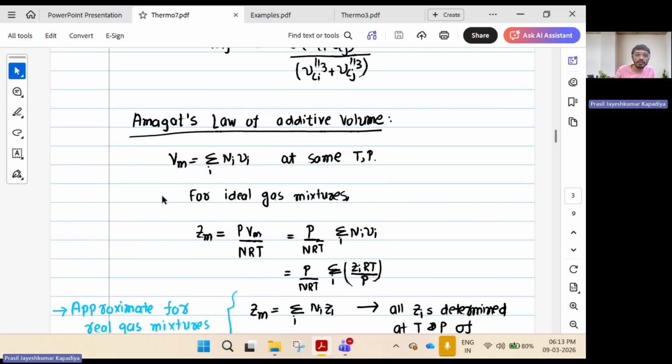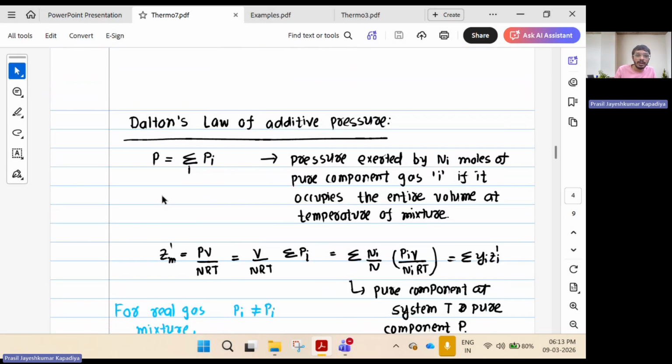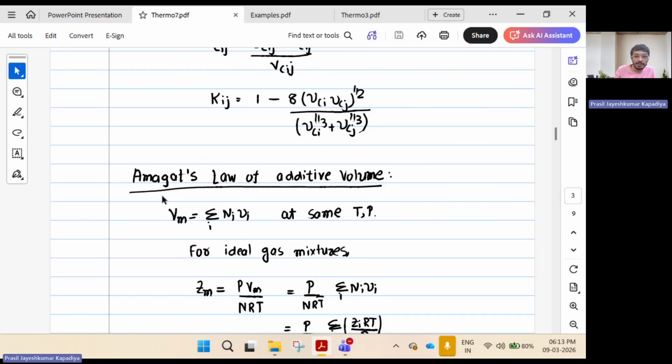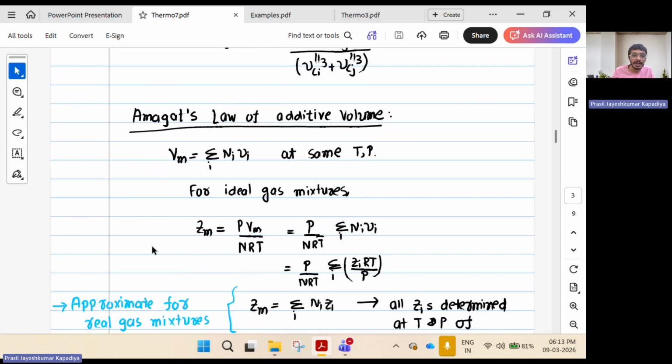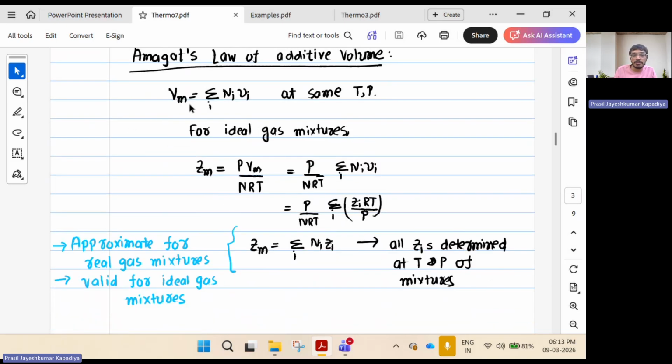That is the very simple Amagat's law, but it is going to be a very big assumption for the upcoming part, when we are dealing with ideality and non-ideality for mixtures and solutions. So this assumption should hold true. So Vm is the summation over i of Ni Vi. For the mixture, what is Z? Z is P times the mixture volume divided by N R T. That is very straightforward. P, R, T I am keeping constant, and Vm I am replacing by the summation of Ni Vi.